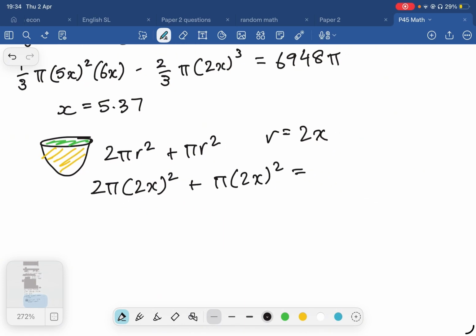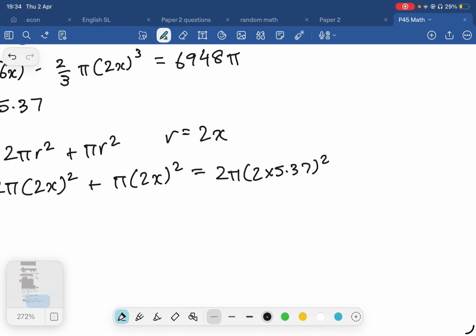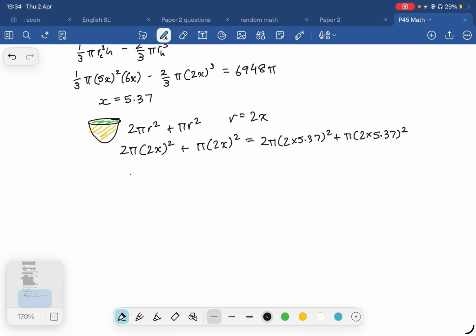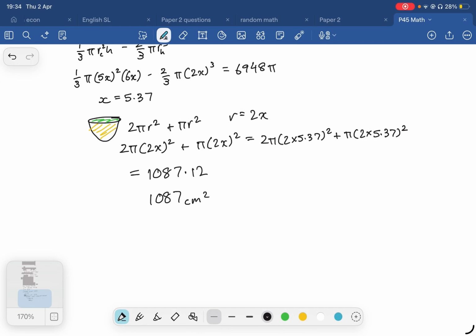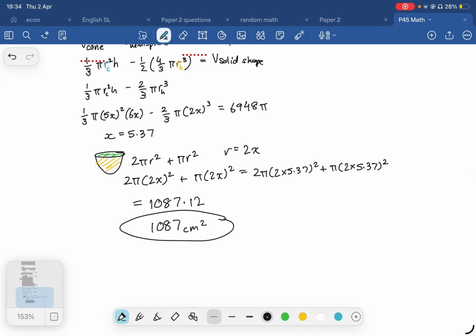If you sub in x as 5.37, that's 2 pi times (2 times 5.37) squared plus pi times (2 times 5.37) squared. If you put all that in your calculator, you should end up getting 1087.12, I believe, and to the nearest integer, that's 1087 centimeters squared. That should be your final answer.